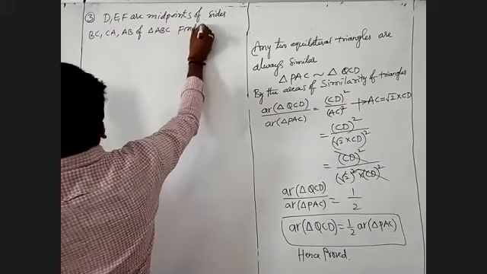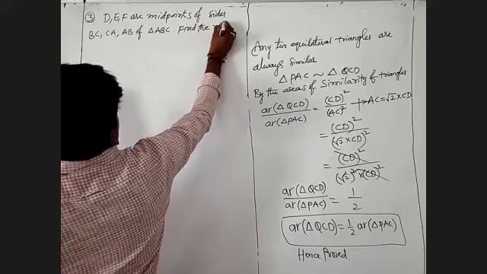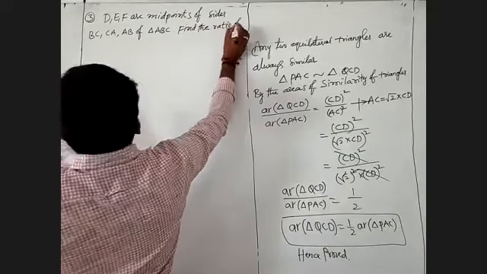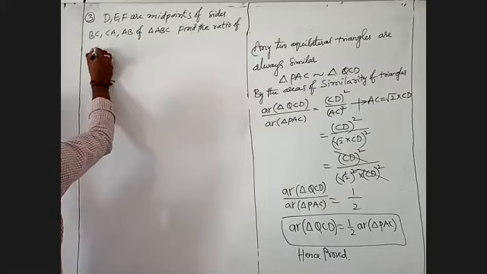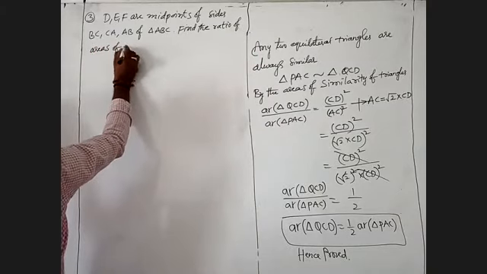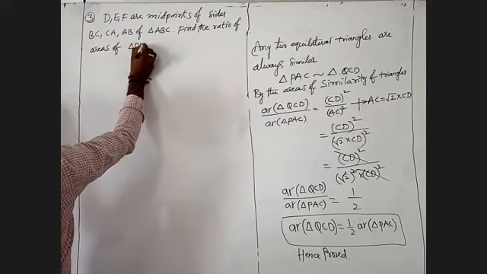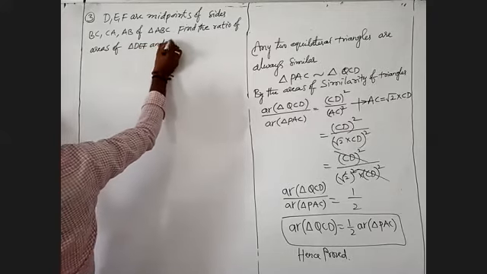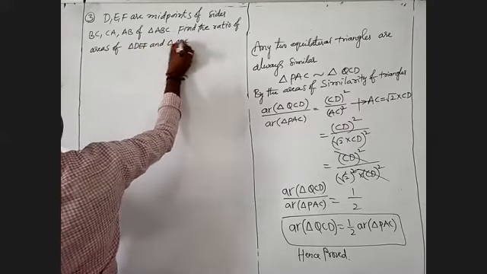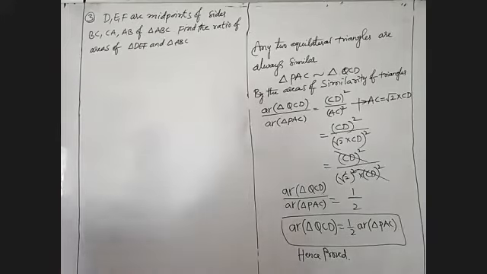Find the ratio of areas of triangle DEF and triangle ABC. Triangle DEF and triangle ABC.